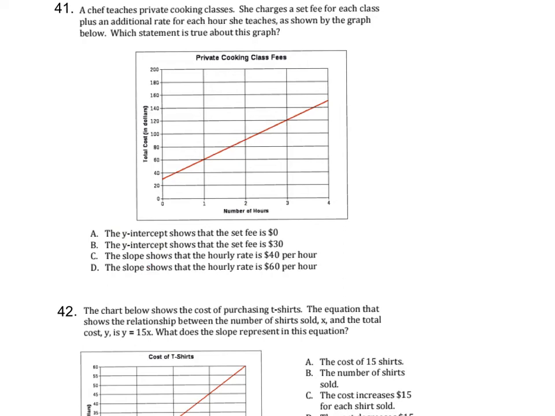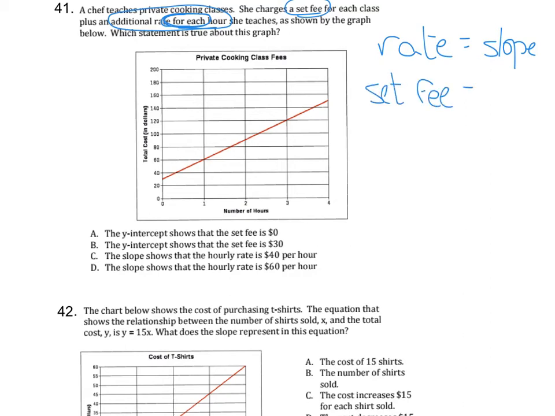Here's that word for each. So that rate per hour, the rate is the slope, and the set fee, that's like your initial cost, right? That's what it costs just to get started. So the set fee is the y-intercept.